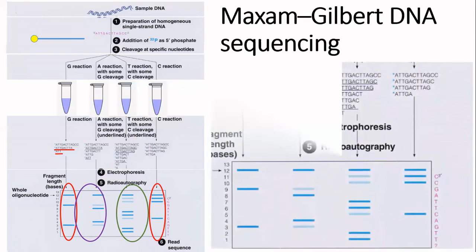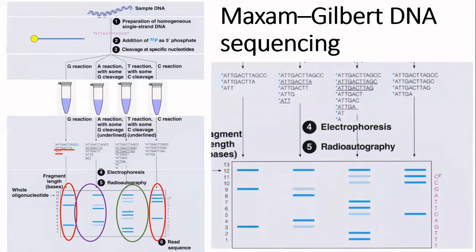Now, let's read the sequence, starting from the top. Larger products tend to stay at the top, as you know. So we can start here. It contains all the nucleotides, but we don't know that. In the 12th place, here you can see all the bands having all nucleotides.